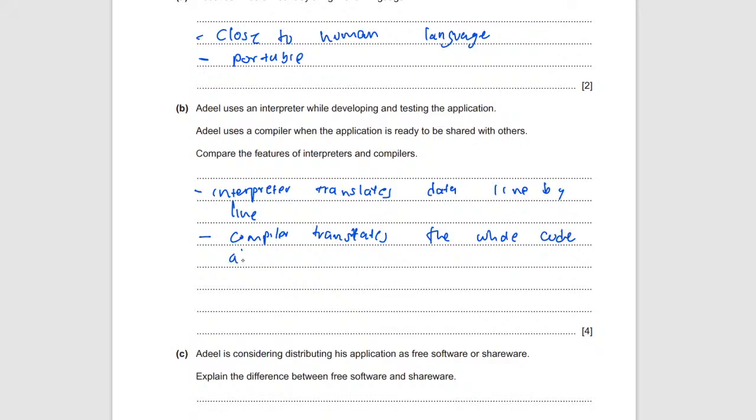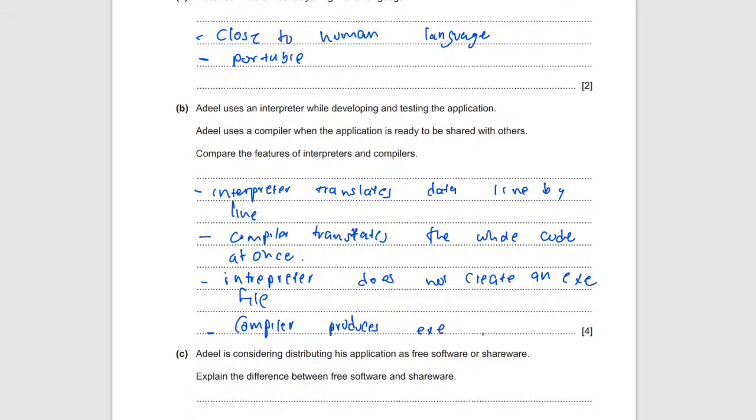Then the difference: an interpreter does not create an exe file, which is basically an executable file, while a compiler produces an exe file.